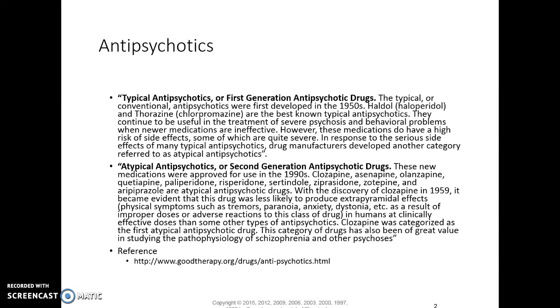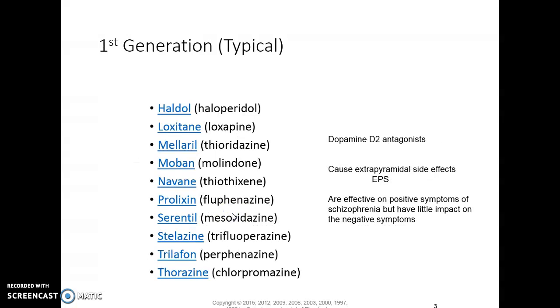Atypical also includes third generation, which is a newer class, but we're going to get into a little bit of that. And then you can read through this stuff right from the PowerPoint. It's posted for you. What's really cool here is your first generation, known as typical antipsychotics. You can click on each one of these to go read about the specific drugs.